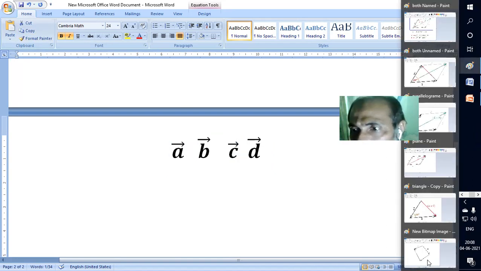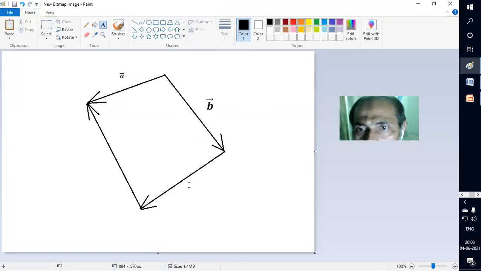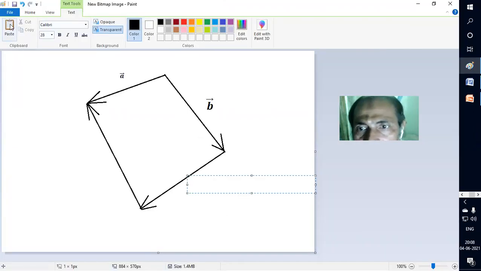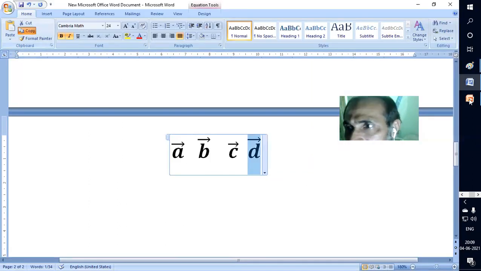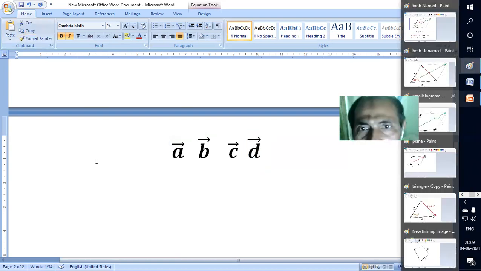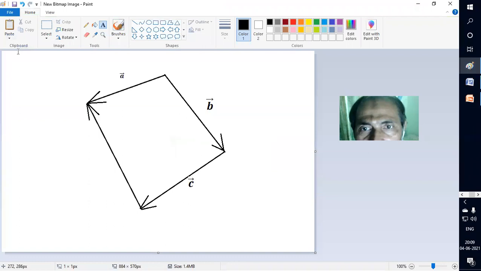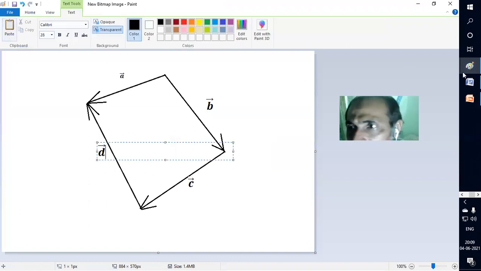This is vector C. Next, vector D is here. And all these vectors together are forming one polygon around the round cycle. This is vector D. And let me again write here vector A.